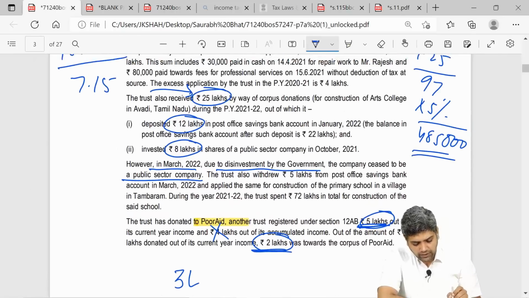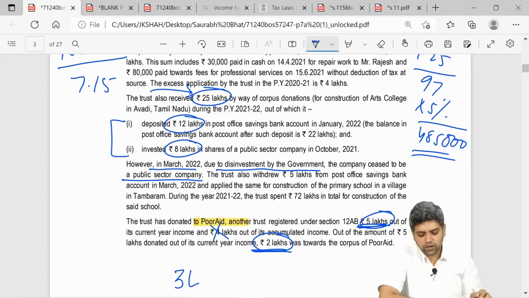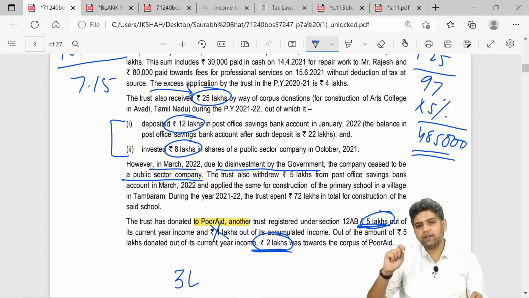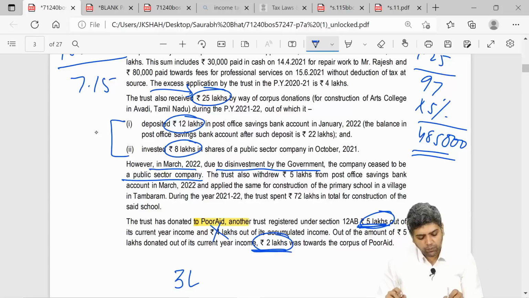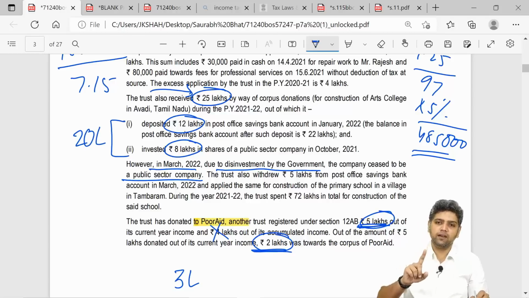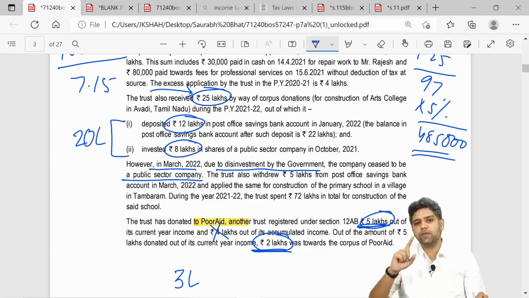But if you notice, this particular investment which I have made is only for 20 lakhs. When you get a corpus donation, it has to be invested as per the prescribed modes under section 11(5). I have only deposited 20 lakhs for the purpose of investment under section 11(5). Therefore, the corpus donation only to that extent would be regarded as exempt under section 11(1)(d), read with section 12.